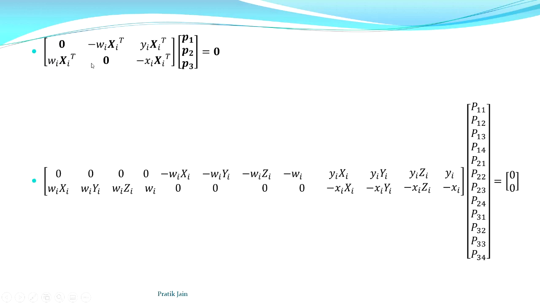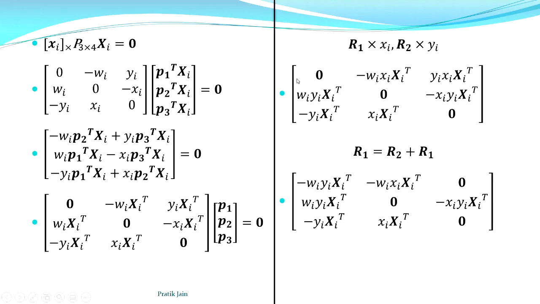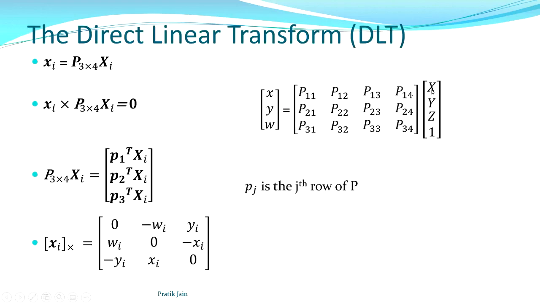Now to give you the right perspective, this is actually a 2 cross 12 matrix. Why? Because X_i is actually a vector. This X_i is nothing but x, y, z, 1, a vector of 4 elements.